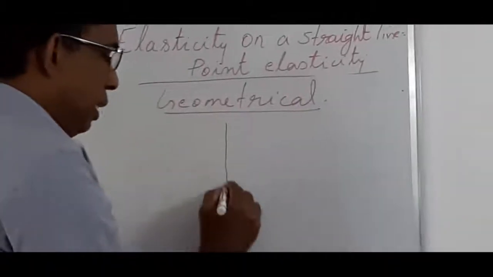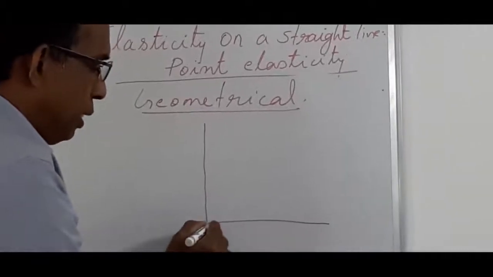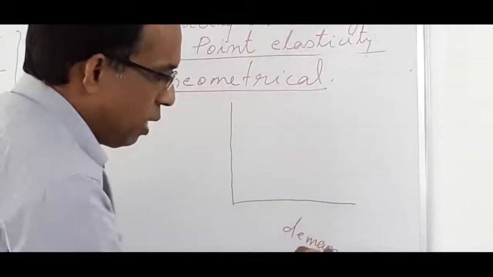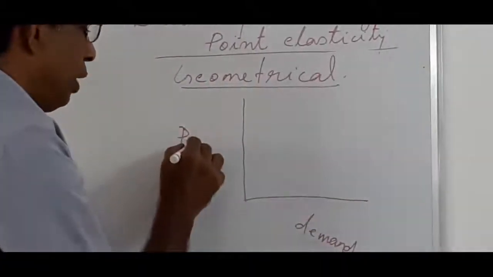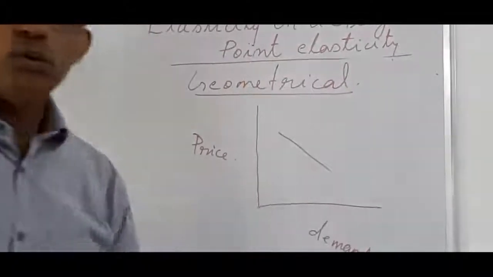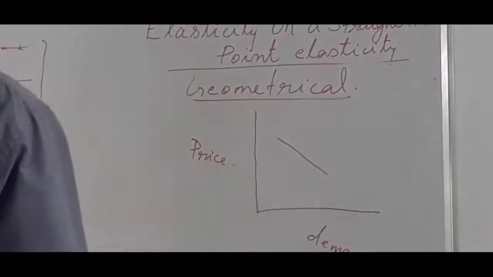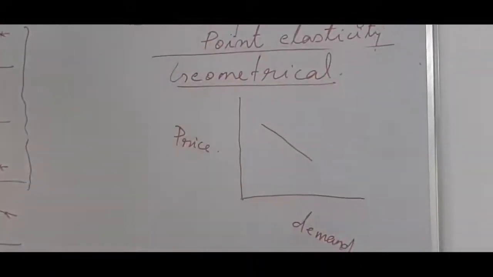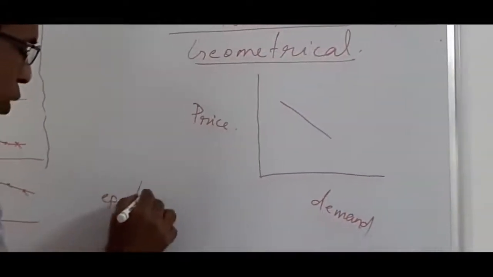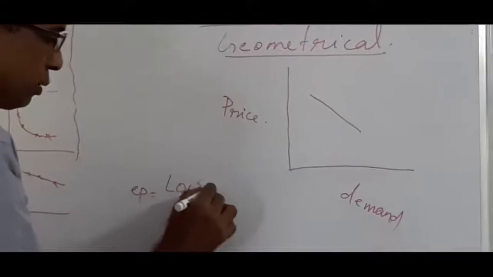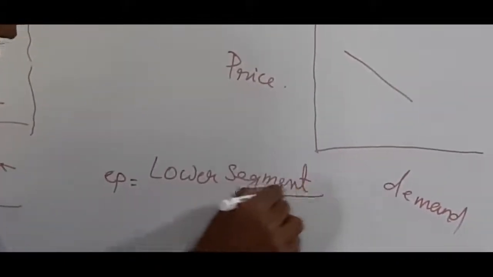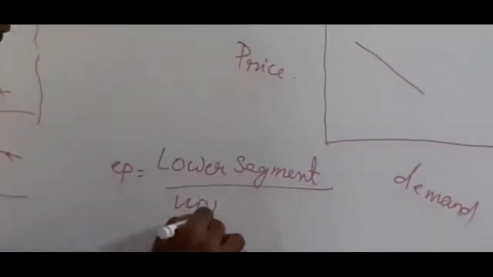Suppose it is a downward sloping demand curve. Demand is taken on the x-axis and price is taken on the y-axis. Suppose this is the demand curve. How to calculate elasticity on this demand curve? The formula is elasticity is equal to lower segment divided by upper segment.